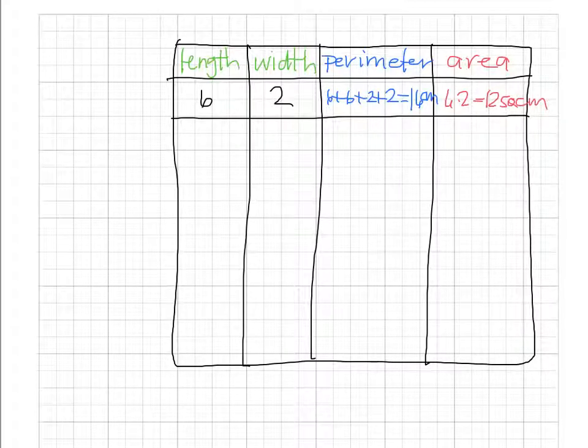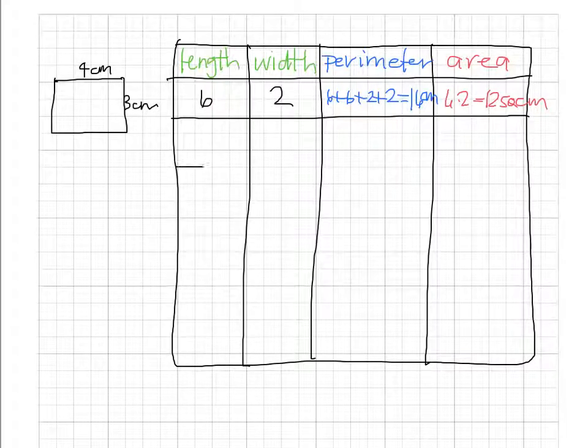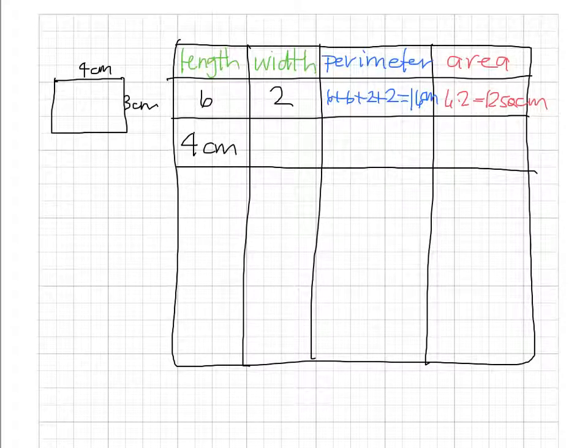For our next example, let's draw another rectangle, and I'm going to draw this rectangle 4 by 3. So 4 centimeters by 3 centimeters. So let's add another row to our table. What's our length? Our length is 4, and this time I'm going to put centimeters in there just so I remember.